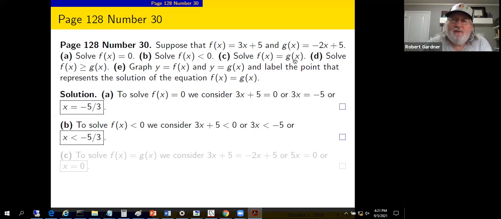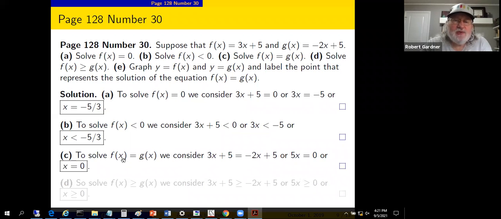A little more interesting, f of x equals g of x. We'll set f of x equal to g of x. That's 3x plus 5 equals negative 2x plus 5. Set those equal to each other. Bring the negative 2x to the left, giving us 5x. Subtract 5 from both sides. We get 5x equals 0. So x equals 0.